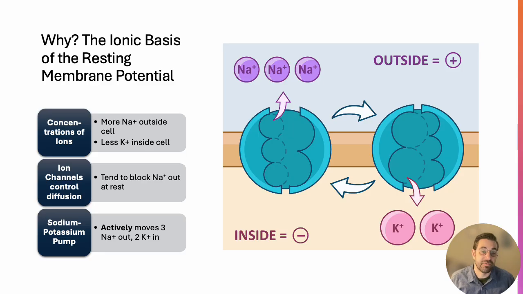It turns out we have an active system for rest, which is we actively move sodium outside and pull potassium inside. We trade, and we trade in an unfair way. We trade three sodiums for 2 potassiums to create this imbalance.